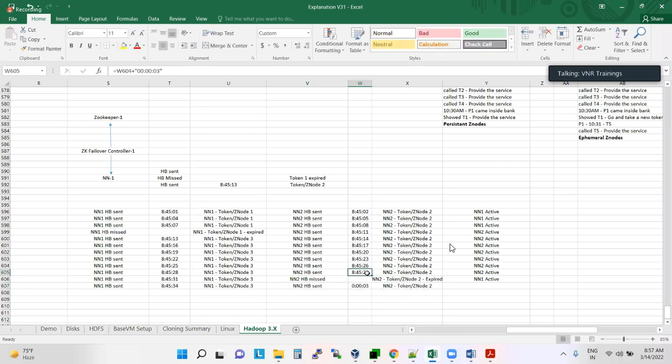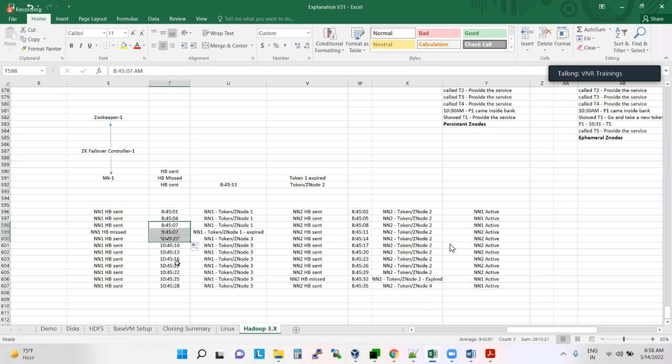Now it started sending the heartbeat. Now what is the token number it will get? Token number 4. So NN1. Understood, sir?